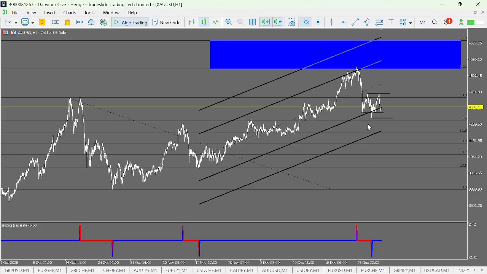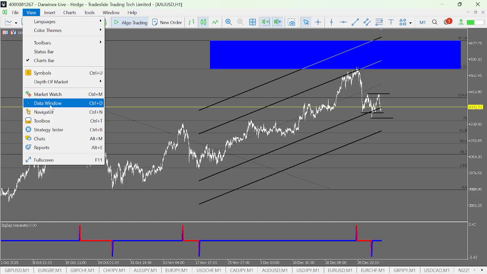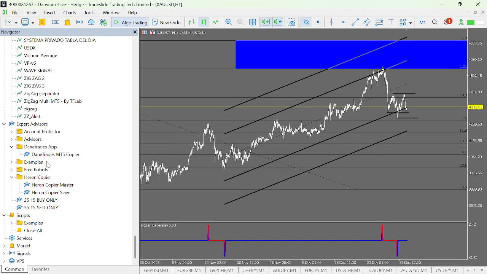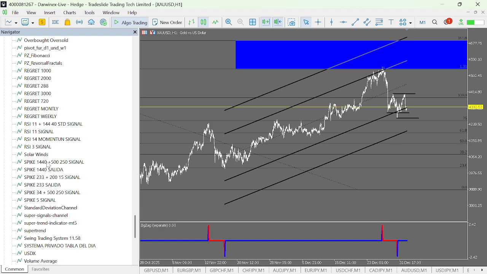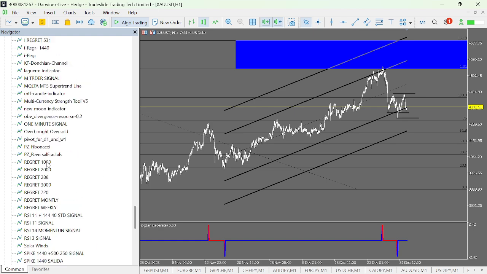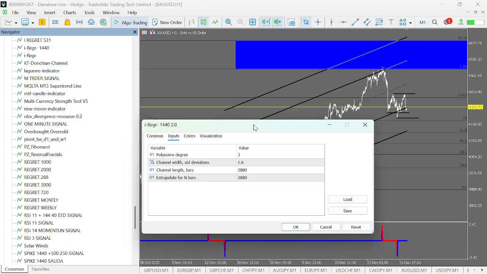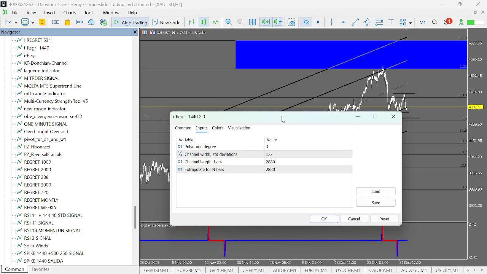All right. The third thing we see is our polynomial channel of 1 week. Okay. A polynomial channel is similar to the standard deviation channel, but instead of 1 degree, it is applied to 3 degrees.